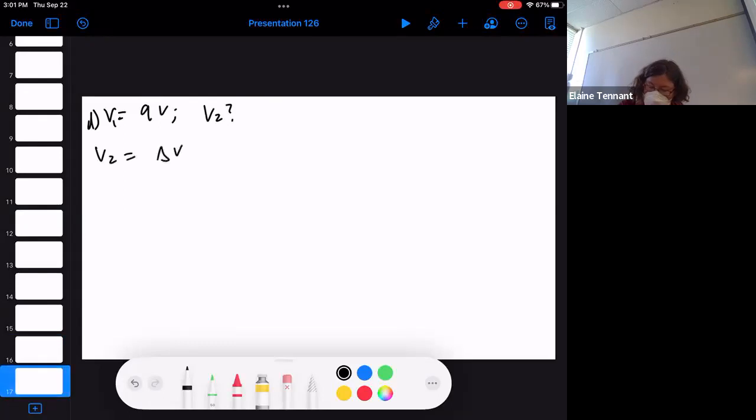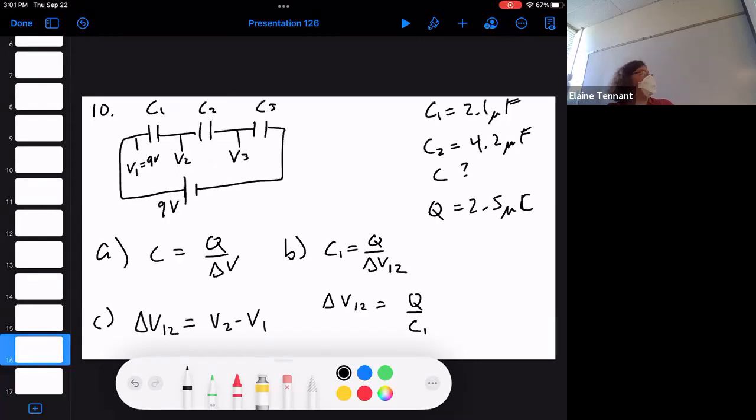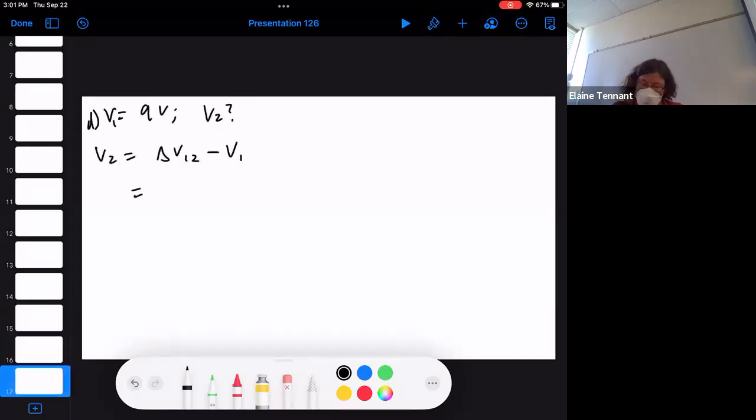V2 equals delta V minus V1 from part C. And delta V12 is Q over C1. So this is Q over C1 minus V1. I feel I threw a minus sign out somewhere.